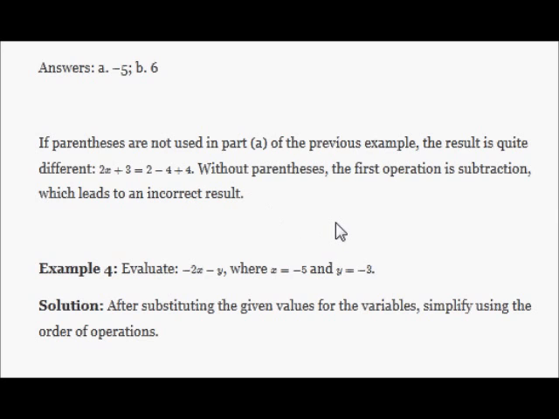Oh, that's just if you're not paying attention and you forgot to put parentheses, then you're going to screw everything up, which makes sense. Okay, that's all that's saying.